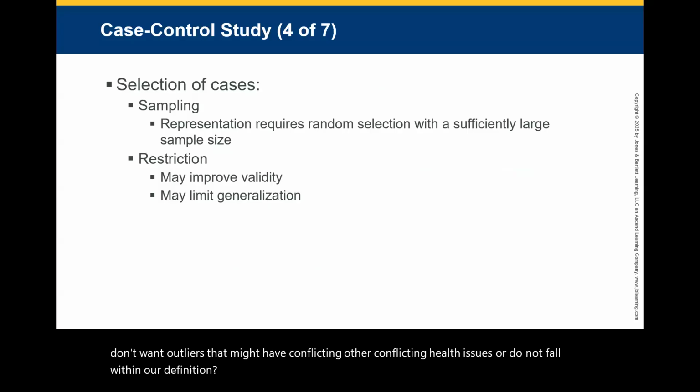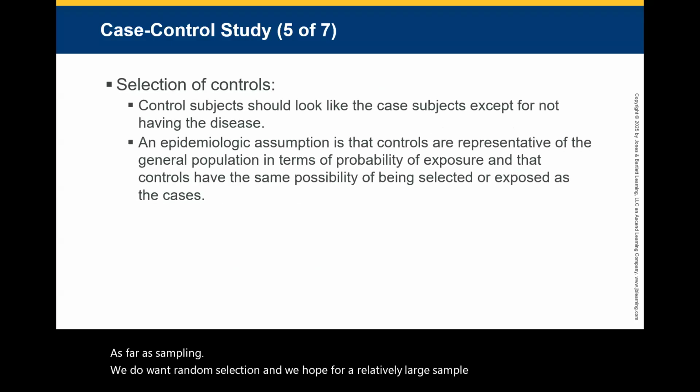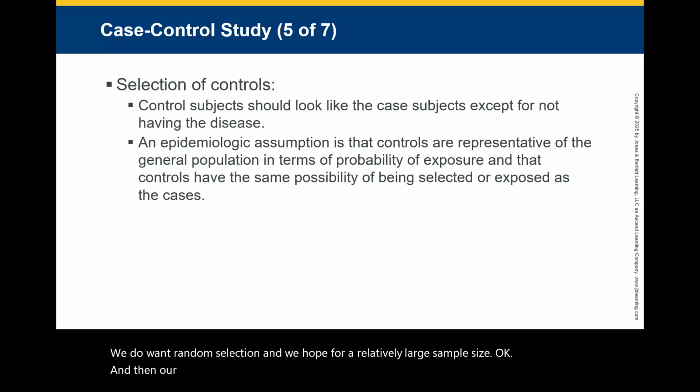As far as sampling, we do want random selection, and we hope for a relatively large sample size. And then our control subjects should look very much like our case subjects, except for the fact that they do not have the disease.